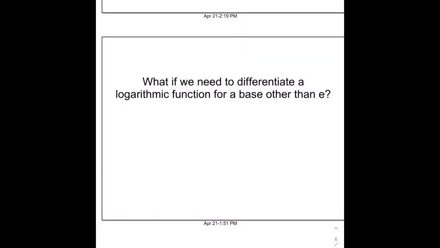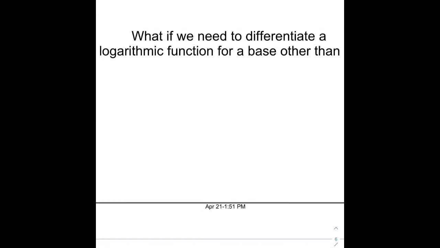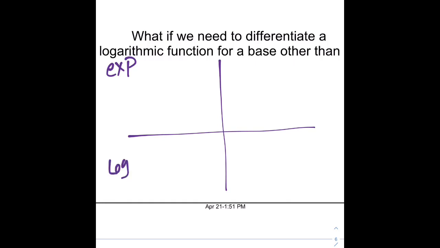What if we need to differentiate a logarithmic function for a base other than e? Again, I'm going to keep writing this grid throughout this lesson so that you can compartmentalize. We'll put exponentials in the top two quadrants and logarithmic in the bottom. When we differentiated e to the u, it was itself times u prime.